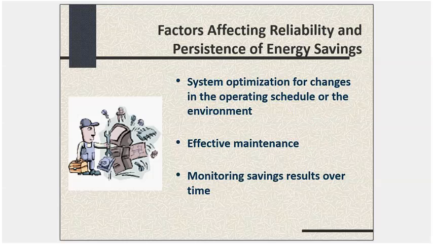Then after you start tracking these variables, you want to start thinking about how the savings are going to be over time, and what allows you to maintain performance over time and for savings to persist. Well, one is if you're always focused on improving performance or optimizing the system to make the schedule the best, to make the operating environment optimal, to fine-tune the controls, then all of this helps you make savings persist over time.